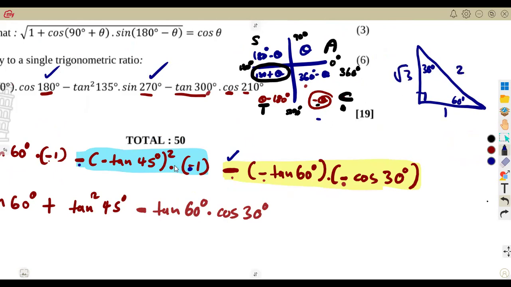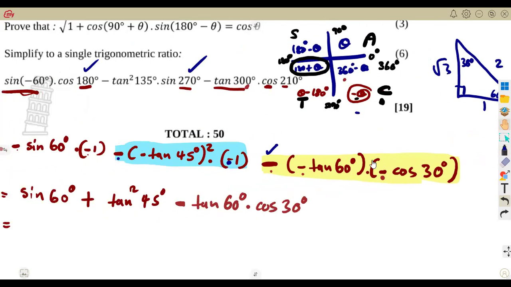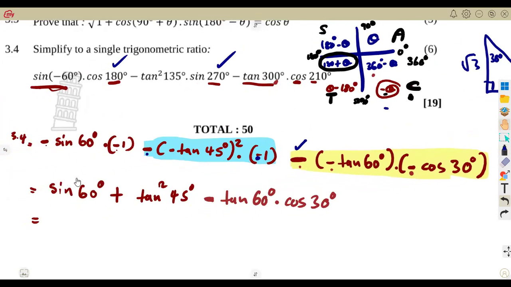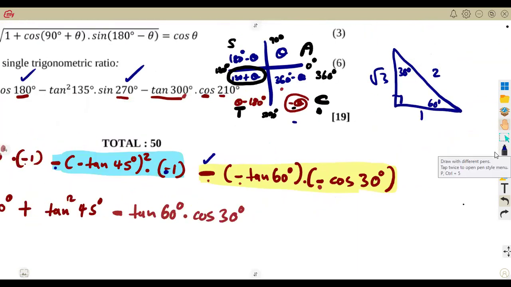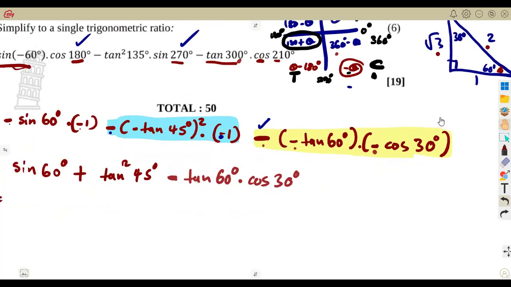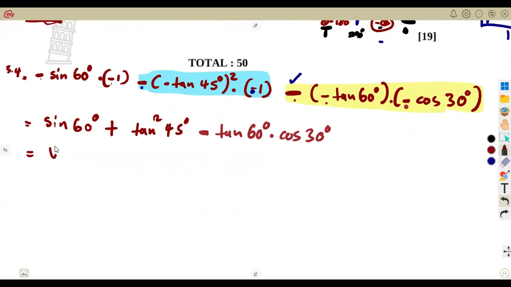Sine is opposite over hypotenuse. This is opposite, this is hypotenuse, so it's square root of 3 over 2.